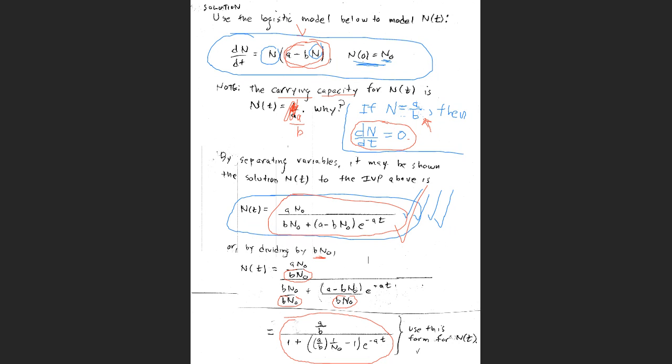When you do that, you get that n of t is equal to a over b divided by that expression below.